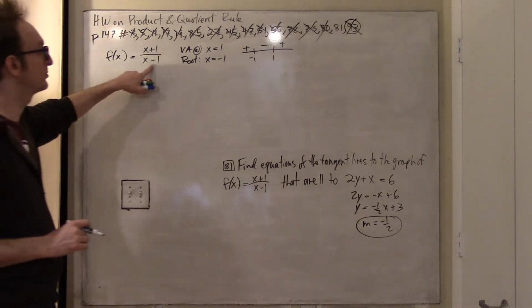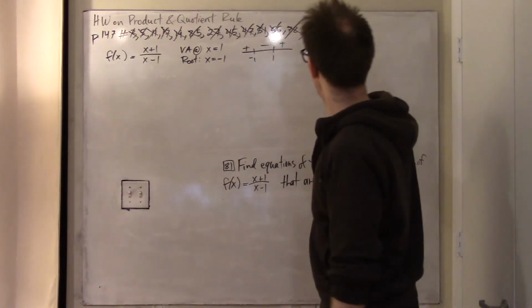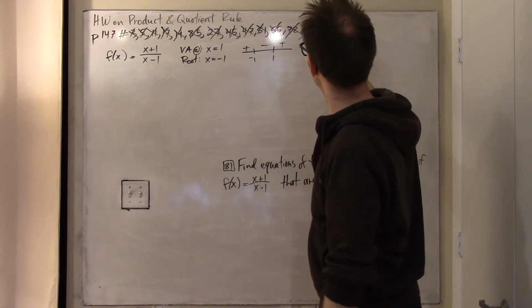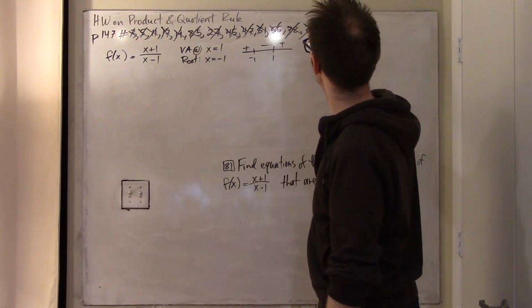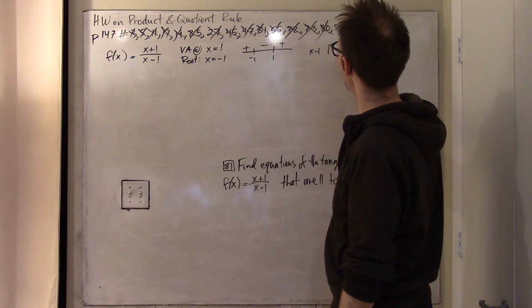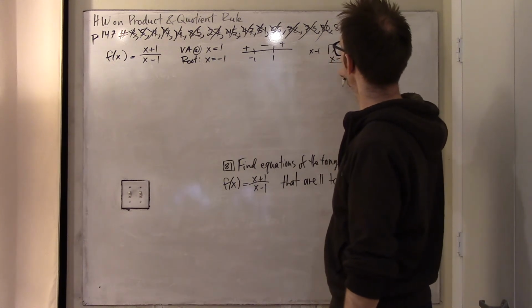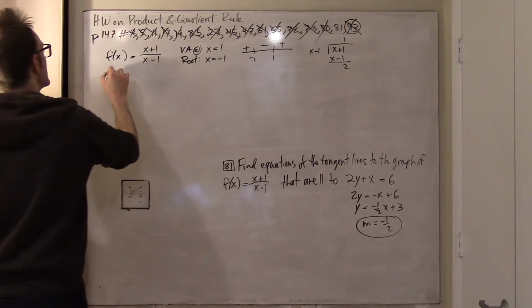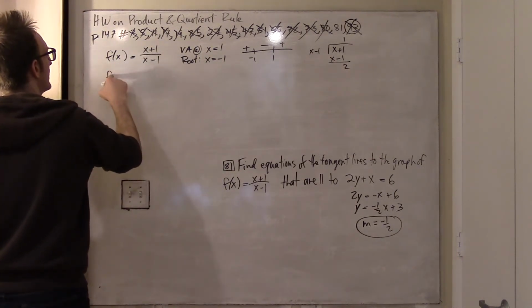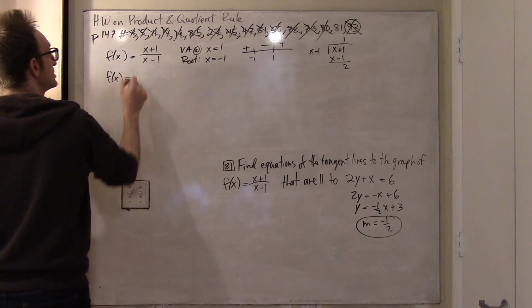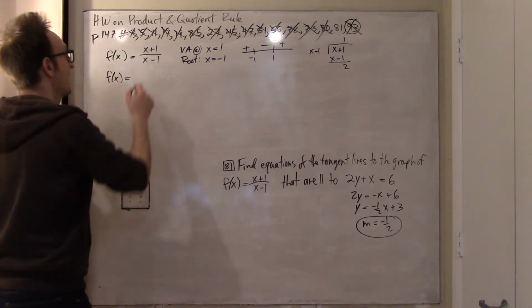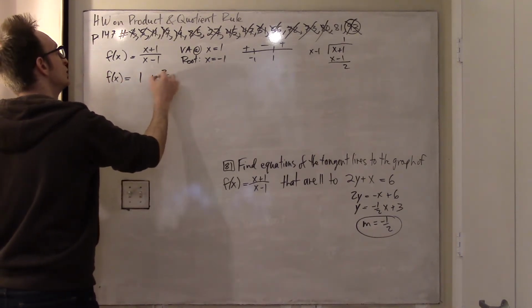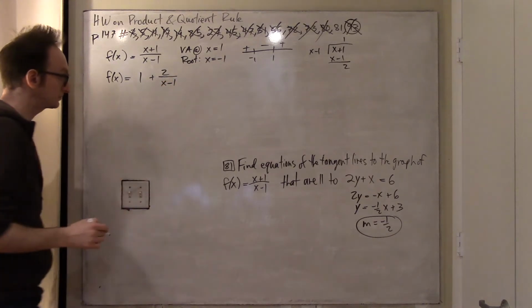Yeah, I can do polynomial long division even. I can write this as x plus 1 divided by x minus 1, which goes in, of course, 1 time. So it's x minus 1, and 1 minus -1 is 2. So even another way of expressing this function is 1 plus 2 over x minus 1.